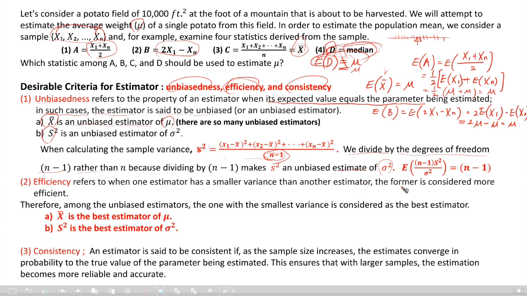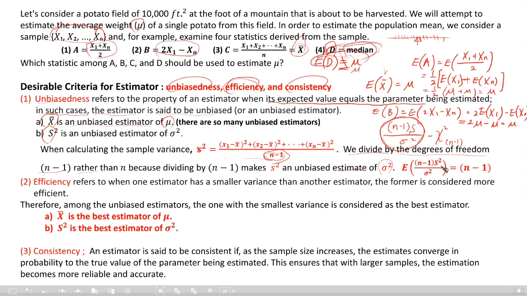We studied the distribution of a sample variance. At the time, n minus 1 times s square divided by sigma square has a chi-square distribution with degrees of freedom n minus 1. Its mean is n minus 1. We can prove it, but not here.